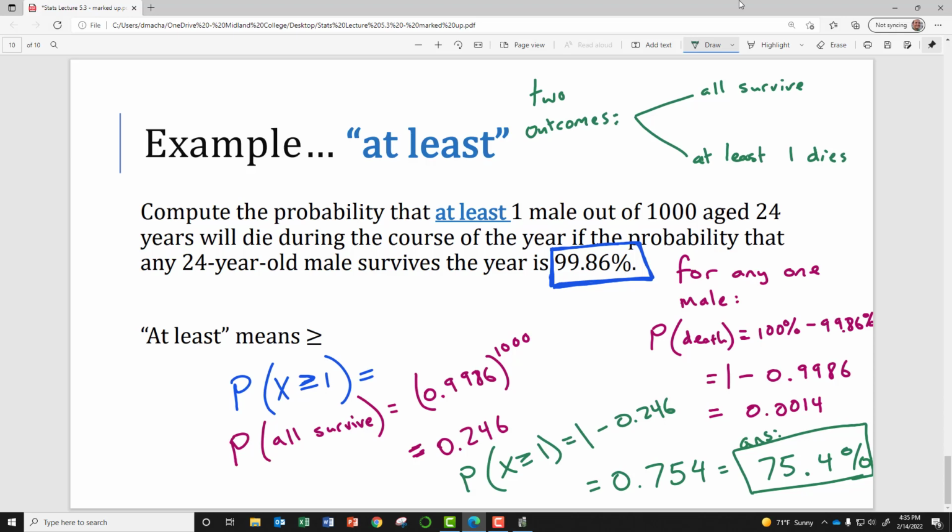That's actually a pretty good probability that someone like this is going to survive until next year. But whenever you get a really large sample size, right, you get a really large group of like 1,000 of them, it's a very high probability that at least one of them will die. So in large groups of people, this is the result you find.